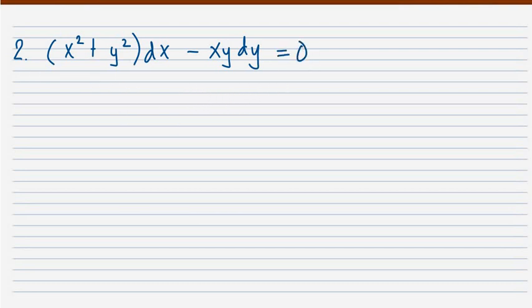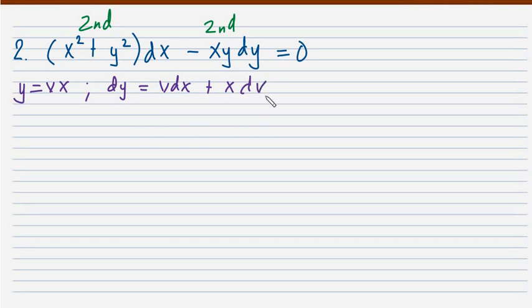Both of them are homogeneous and of the second degree, so we can apply the solution. We substitute y is equal to vx and dy is equal to v dx plus x dv, and later on it will become a differential equation that can be solved using separation of variables.